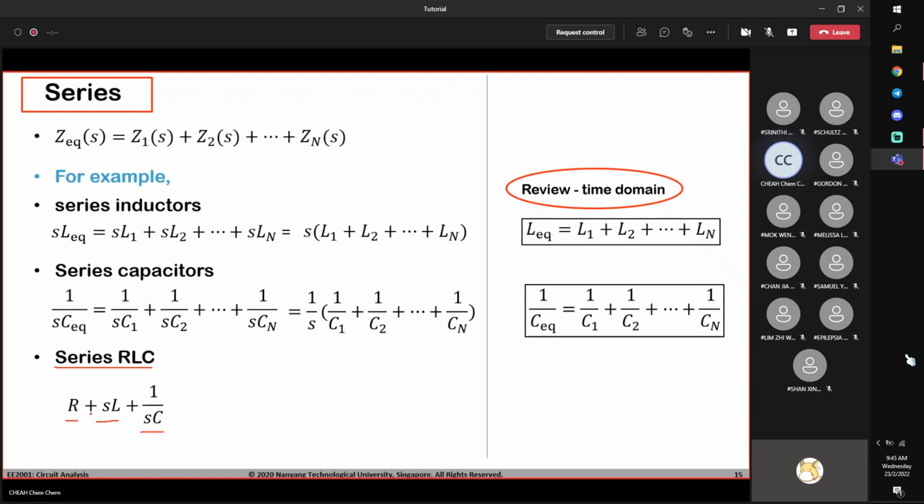The difference is that you can't simplify further by grouping them as in inductors or capacitors. You can add those because they have the common factors, S and 1 over S, and in case of resistor, it's a scalar. Here you can't add them, you leave them separately. So this is a difference.